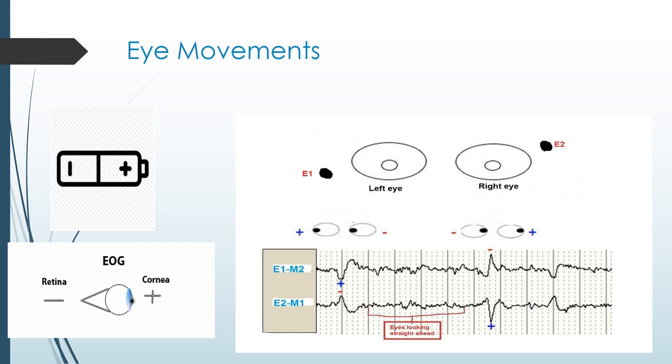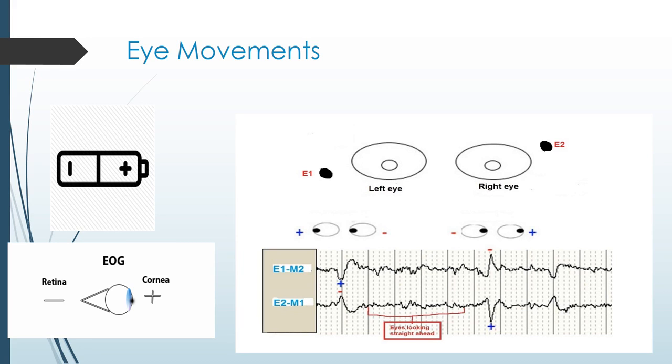So as the negative part of the eye, the retina, moves towards the electrode, we see an upward deflection. Okay, I'm going to pause right here and tell you something one more time. A negative deflection means on the paper it's moving upward. A positive deflection means on your paper it is moving downward.